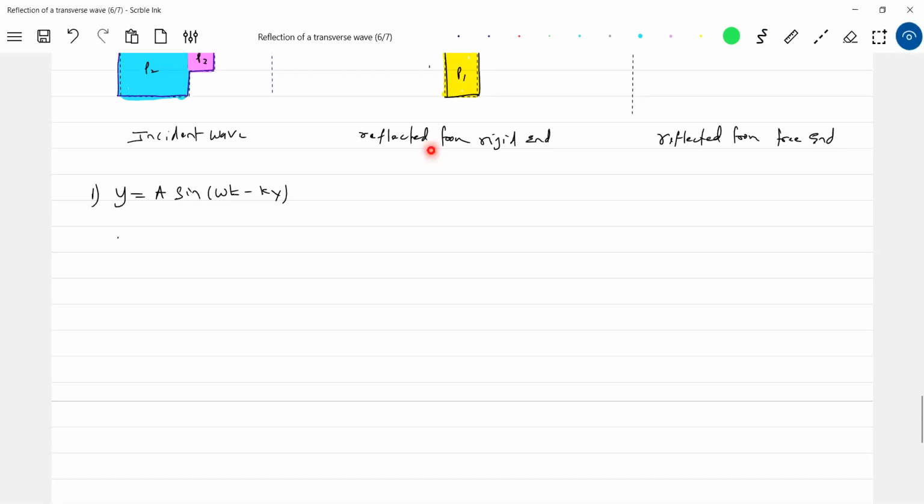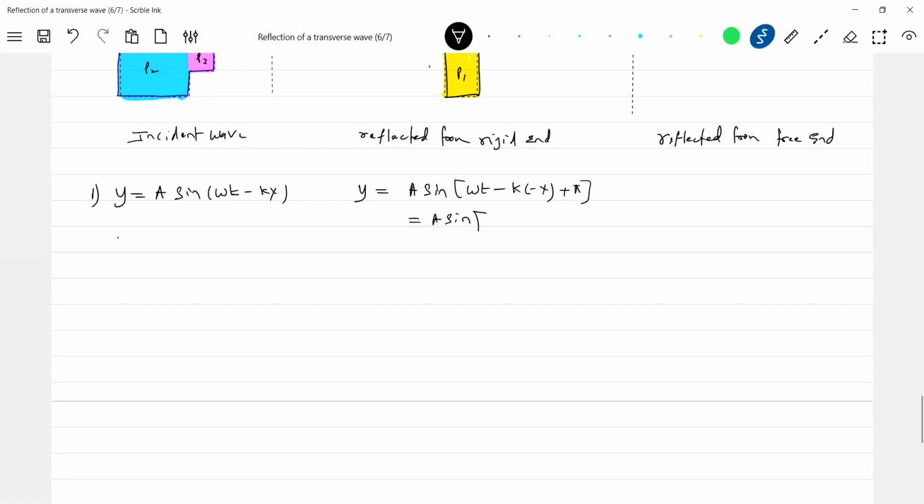What will happen when reflected? After reflection, it will move towards left. So in place of x, what are you going to write? Minus x. And it will acquire a phase change of pi radian. So the reflected wave will be y is equal to a sin(omega t plus kx plus pi).